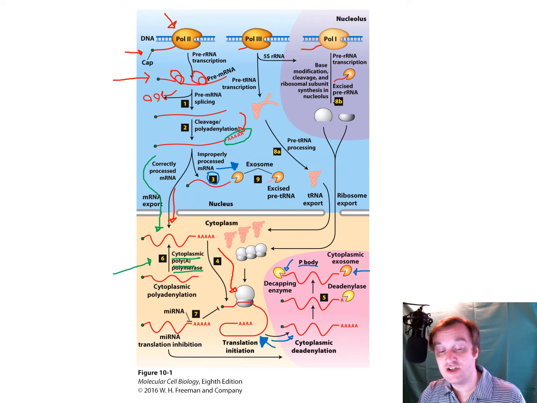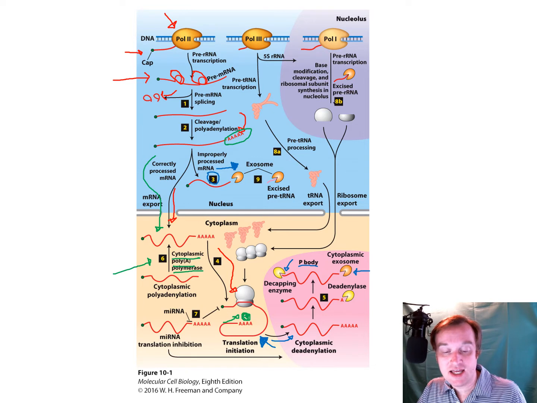Because if no poly A tail is ever added to this mRNA when it's in the cytoplasm, then this initiation of translation down here doesn't occur, because there's this 5' binding protein, or 5' poly A binding protein, or excuse me, 3', that's the 3' end, 3' poly A binding protein that helps to get the mRNA in the proper conformation when translation starts.